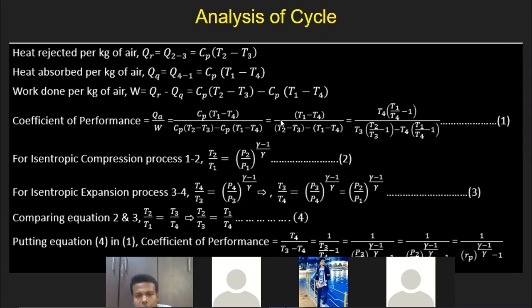In the denominator, from the first term I will take T3 common, so what remains is T2 by T3 minus 1. Similarly, from the second term I will take T4 common, so what remains is T1 by T4 minus 1. I will call this equation number 1. Is that okay with this one? Yes.